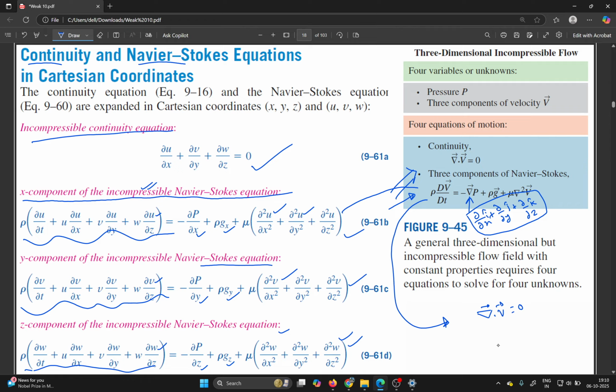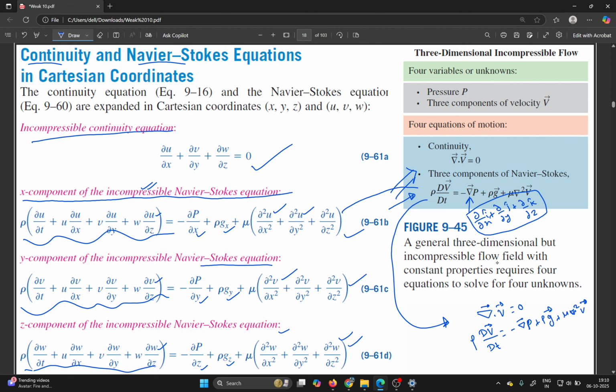This is vector form, and the Navier-Stokes equation is rho, sometimes capital D v by dt, known as the material derivative, remember please, equal to minus del p plus rho g plus mu del square v vector.